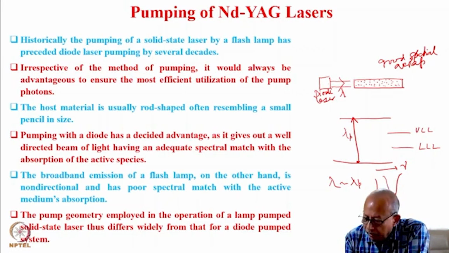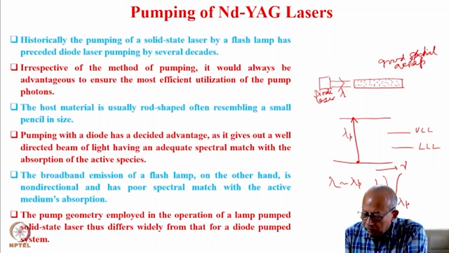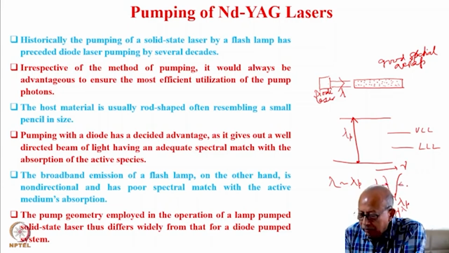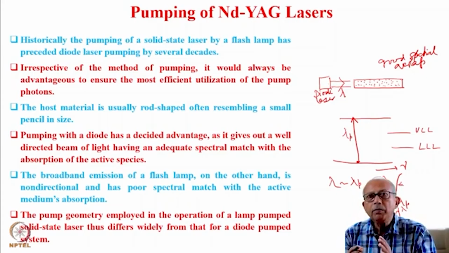The wavelength of the diode laser, lambda, will be very close to lambda p, and the emission width and the absorption width would nearly match.